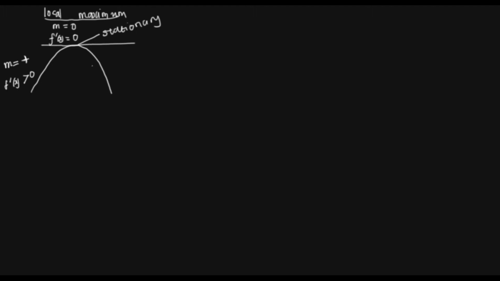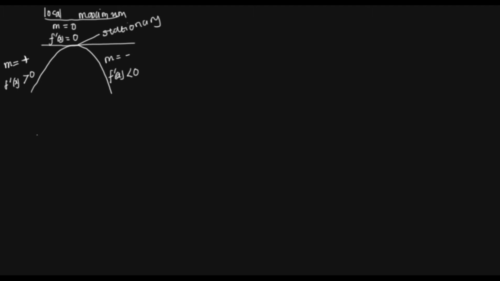While to the right side of our stationary point, our gradient will be negative, so we are expecting a gradient that is less than 0, or we can say f prime of x is less than 0. So this is what we can demonstrate about the local maximum, or where the stationary point represents a local maximum.